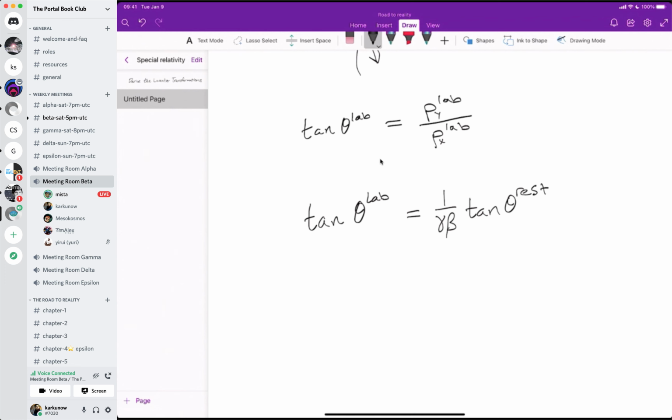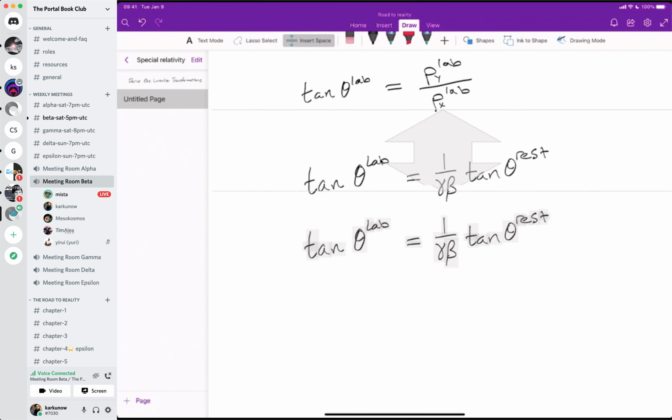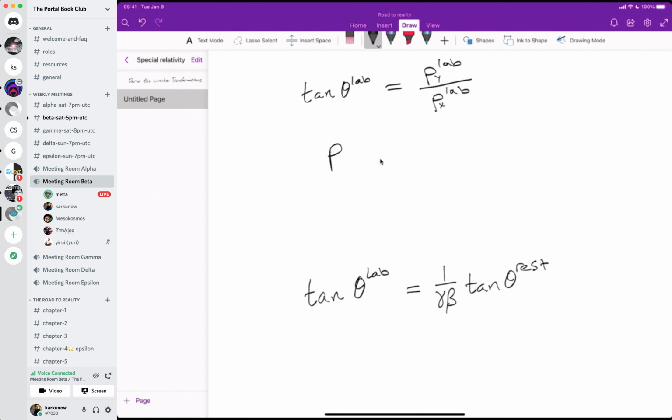And similar to what we did before, the y component in the lab will be gamma times py rest.